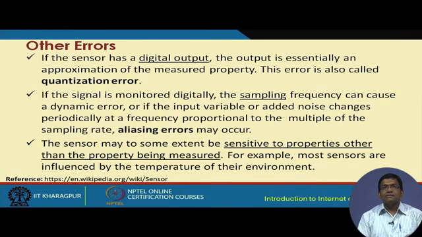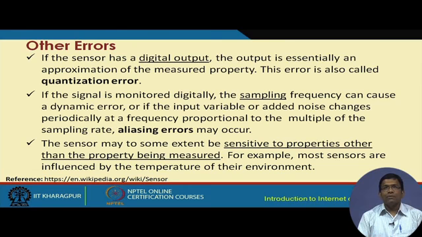The sensors may at times be sensitive to properties other than the property that is being measured. For example, a temperature sensor might sometimes be sensitive to a few of the other things that are not directly being measured, maybe the humidity or pressure at times, or maybe light.